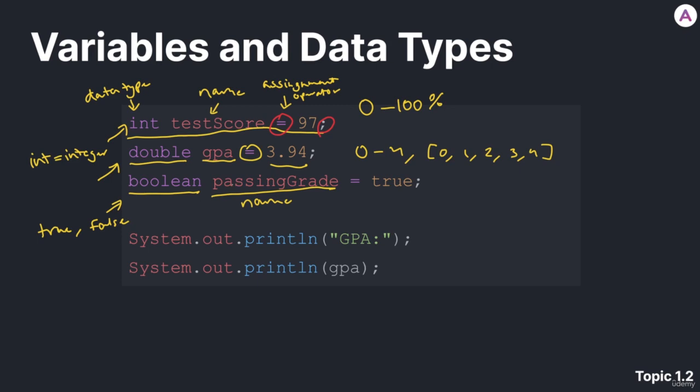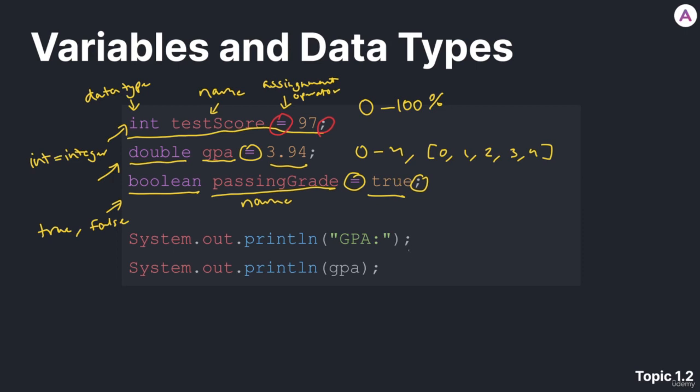And so over here, my variable passingGrade is being assigned, using the equal sign, the assignment operator, a value of true, which means I'm passing. And then the statement is ended with a semicolon, which denotes that this is the end of the statement. So we just declared a variable called passingGrade which is of type boolean, which means it can either store true or false. In this case, we assign it the value of true.